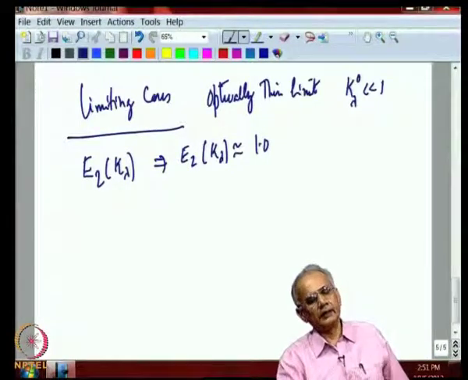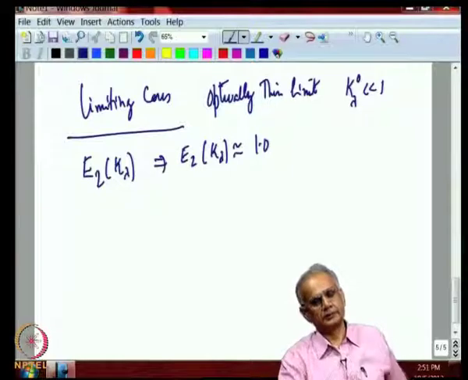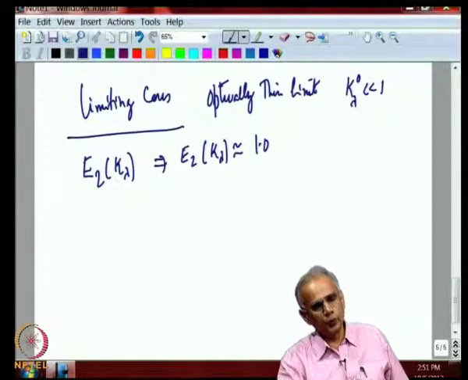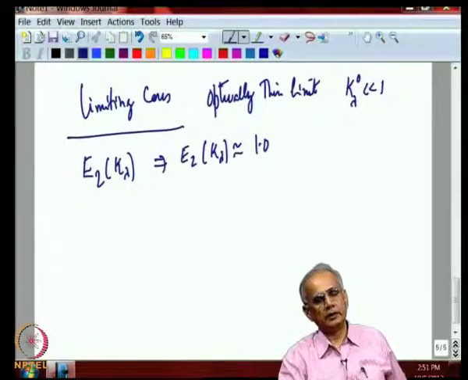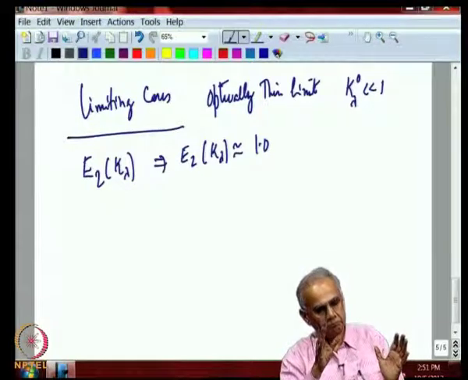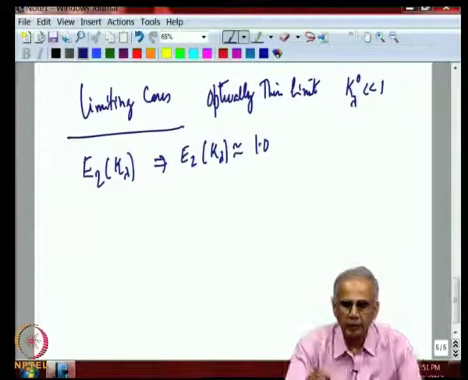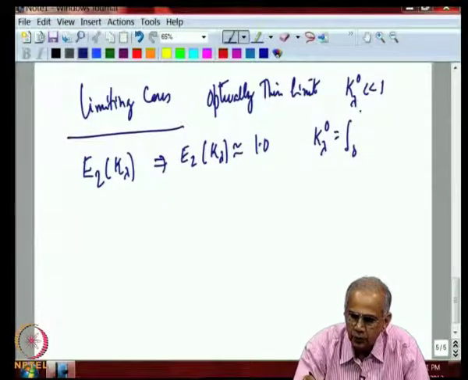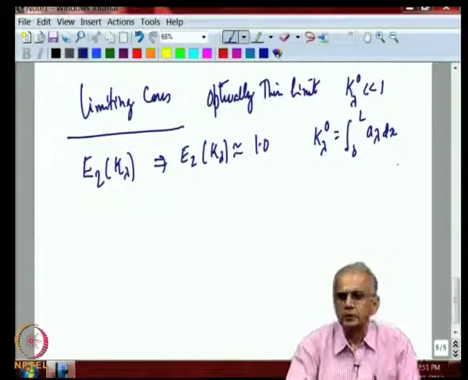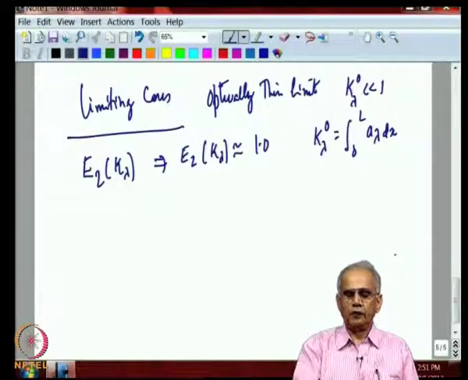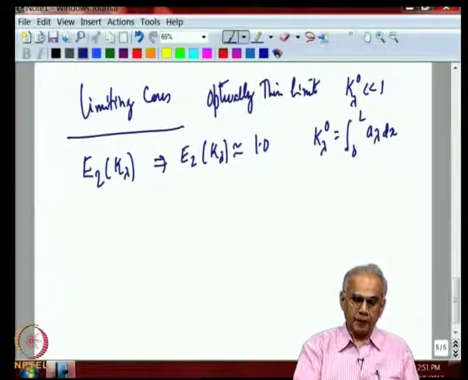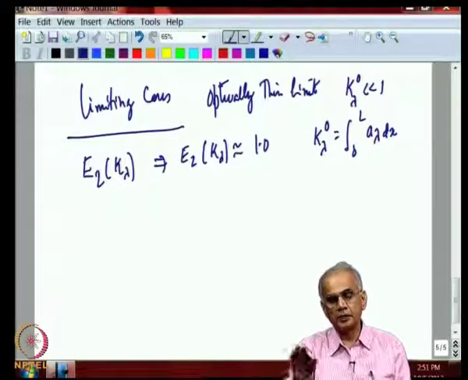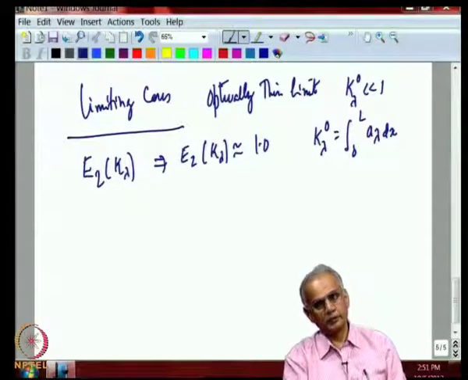Essentially, it is saying that there is no absorption by the gas. The gas absorption is so weak and the dimensions of the enclosure are so small, because if you remember, kappa lambda 0 by definition is the integral from 0 to L of A lambda dx, and therefore kappa lambda 0 can be 0 either if L is very small or A lambda is very small.